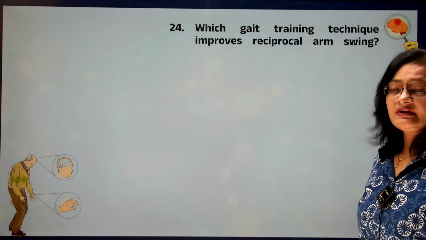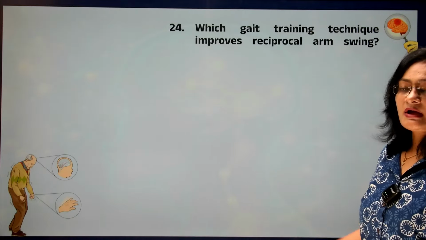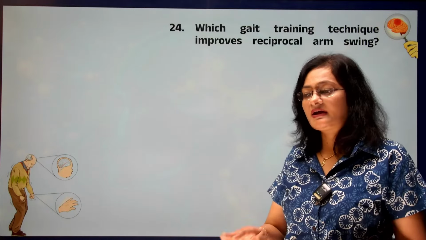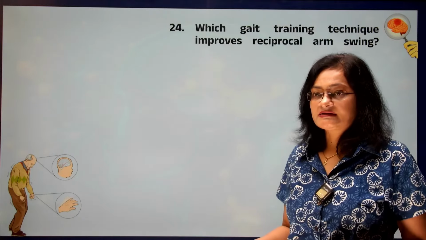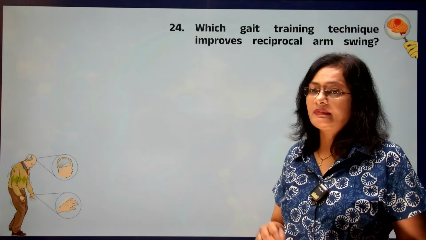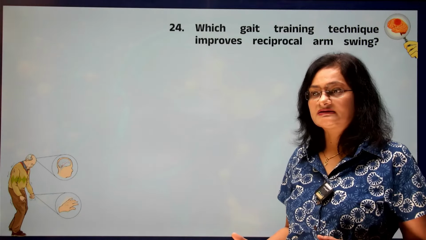Which gait training technique improves reciprocal arm swing? Arm swing is associated with heel strike and phases of the gait cycle. This automatic movement, like arm swing, will be affected in the patient with Parkinsonism.